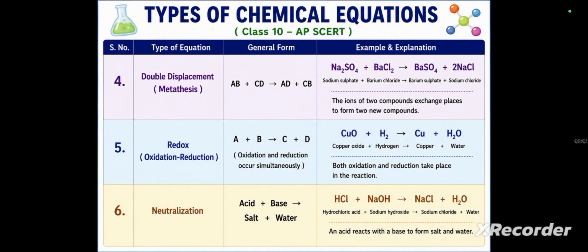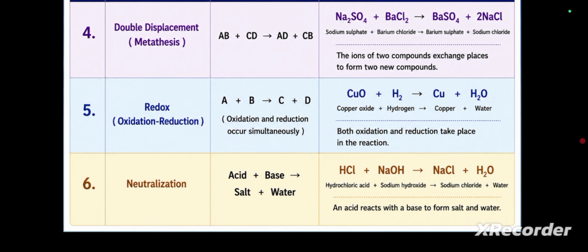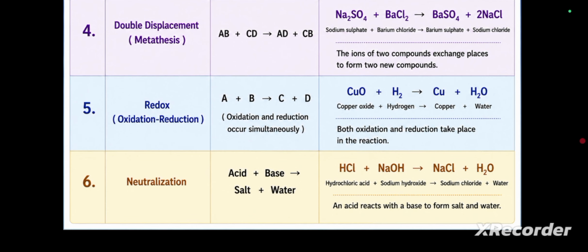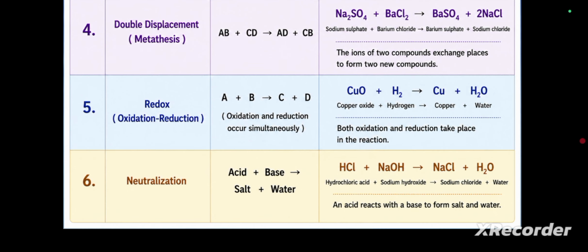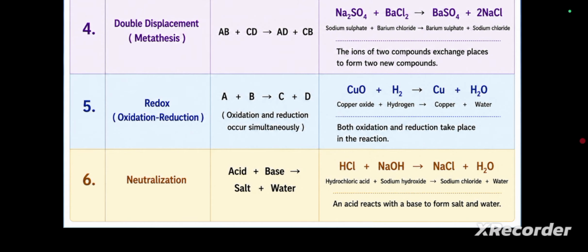Here is an example: HCl plus NaOH gives rise to NaCl plus H2O. Here HCl is acid and NaOH is base. HCl means hydrochloric acid, NaOH means sodium hydroxide.